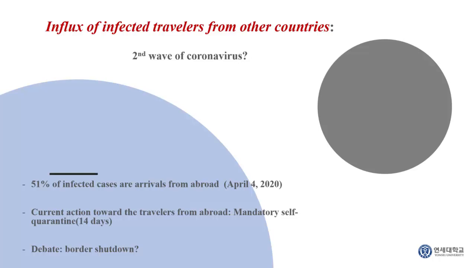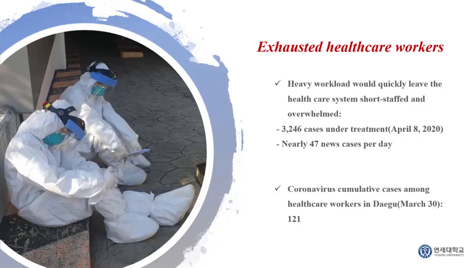So the current action toward travelers from abroad is mandatory self-quarantine for 14 days. There is a debate going on about border shutdown. Exhausted healthcare workers: heavy workload would quickly leave the healthcare system short-staffed and overwhelmed.